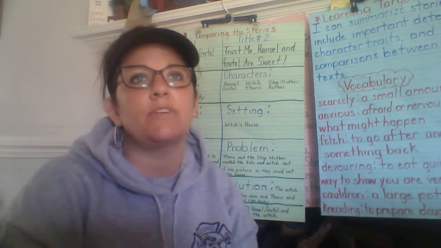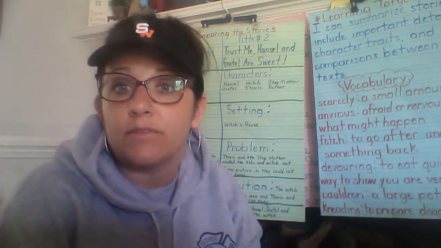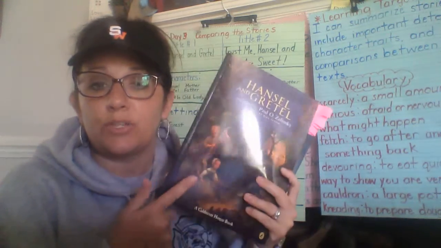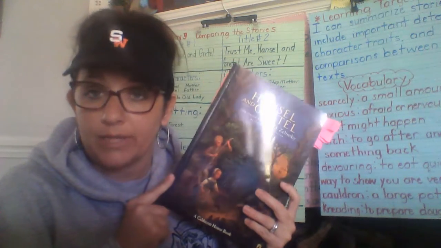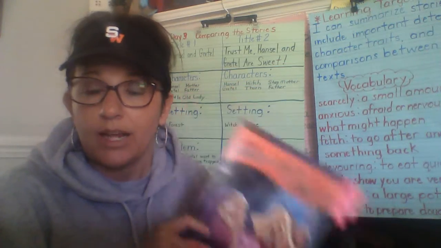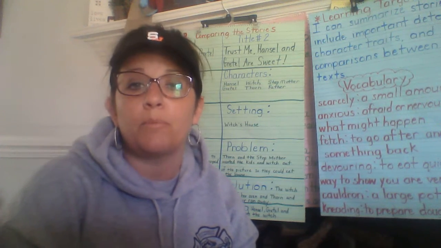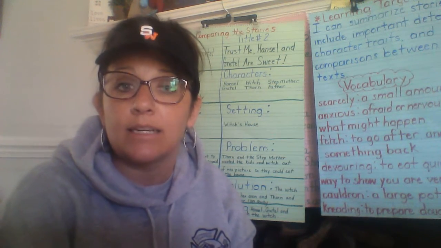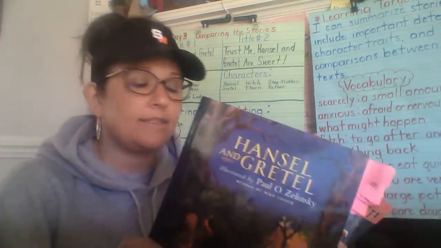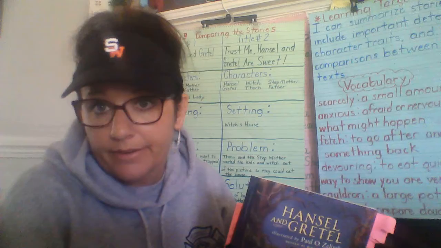So let's think of a difference right now just to give you an example. A difference is in the first story she was referred to as the little old lady, and then in this story she was referred to as the witch. And then an example of something that they have in common could be that Hansel and Gretel were the main characters in both stories.